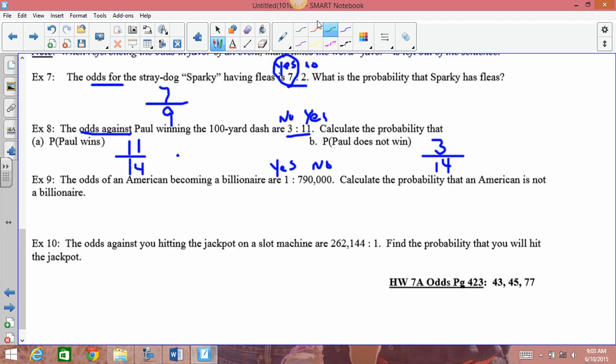So again, denominator is found by adding these two numbers together, so 790,000 plus 1, I'd have 790,001. And then on top, I don't want them to be a billionaire, so I'm choosing the no, 790,000 up top. Okay, and that'd be my final answer.